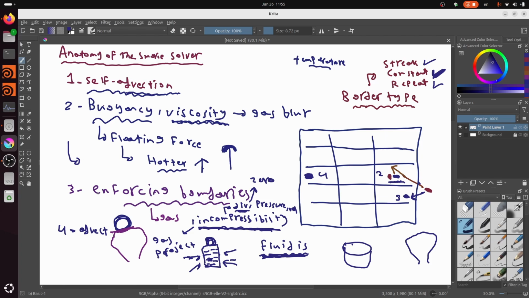Then you enforce the boundaries or the boundary conditions, either with collisions using the gas enforced boundary conditions, or using the border type when you go with the advection and see yourself outside your boundaries. Okay, and we talked about this. Then you advected all of the fields with your velocity field.